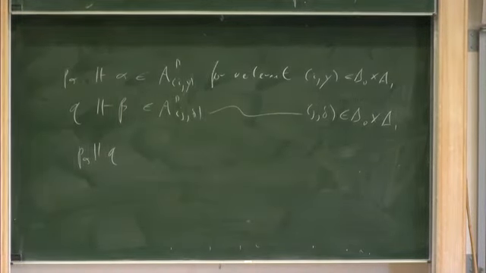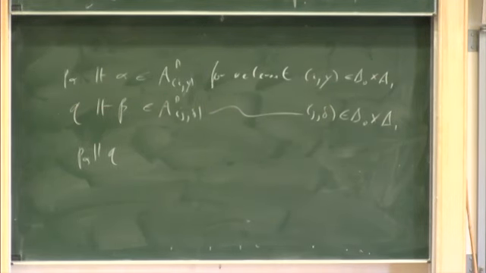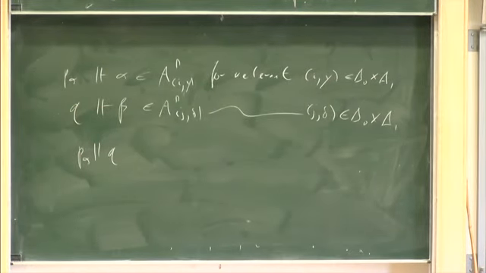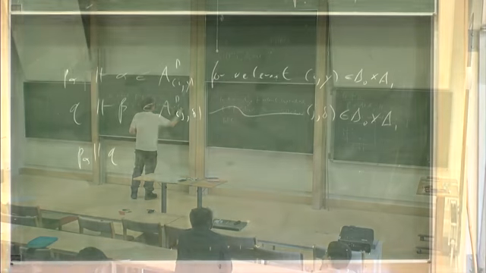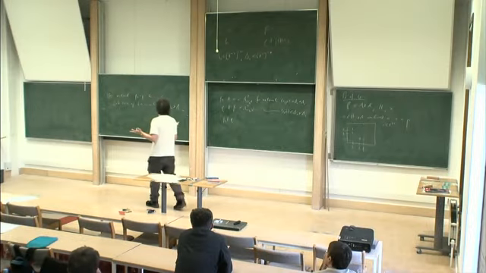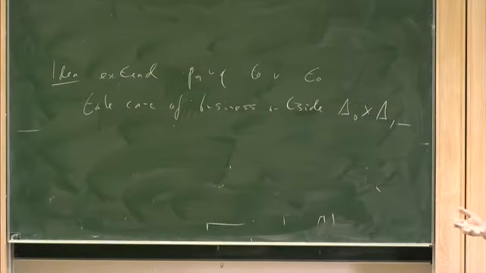So, we're going to extend P alpha union Q to R to take care of business outside delta 0 times delta 1. So there are coordinates inside, coordinates outside.